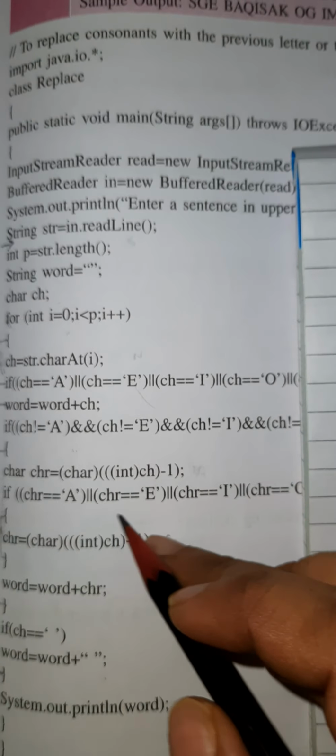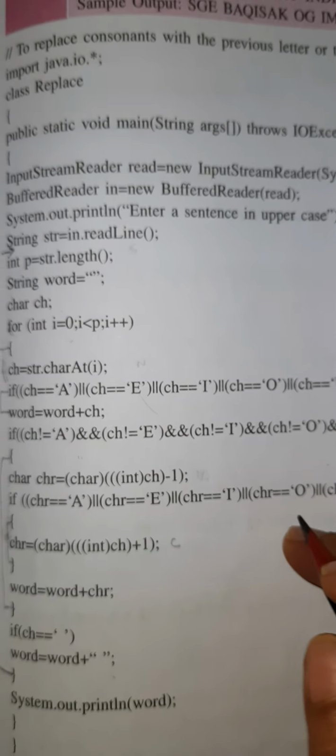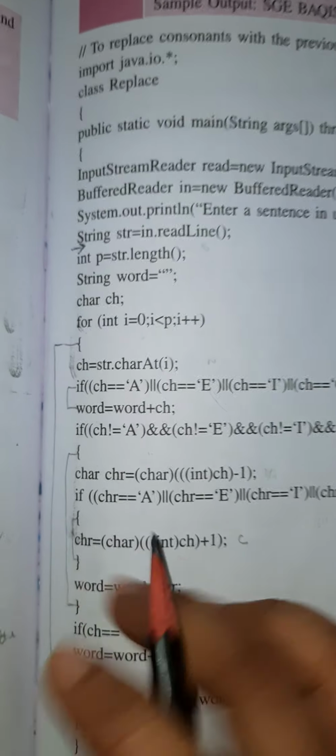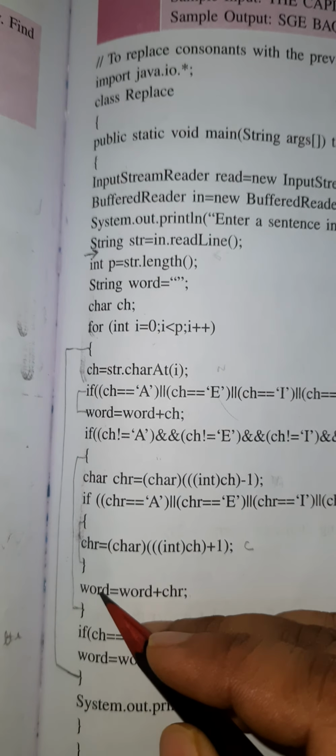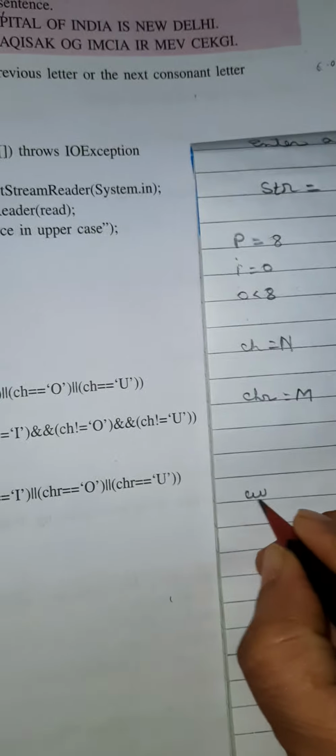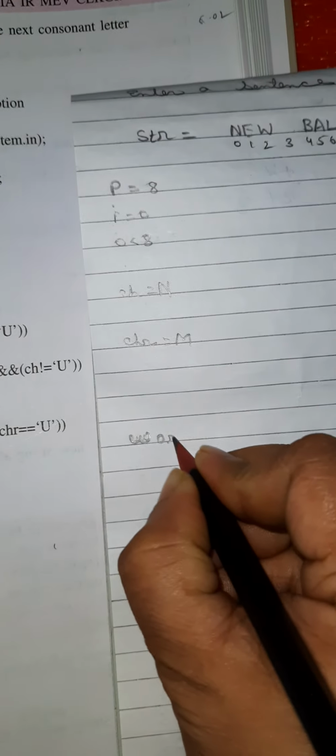So M is not a vowel, not A E I O U, so it is not going to enter inside this if. Instead it will come to the word.